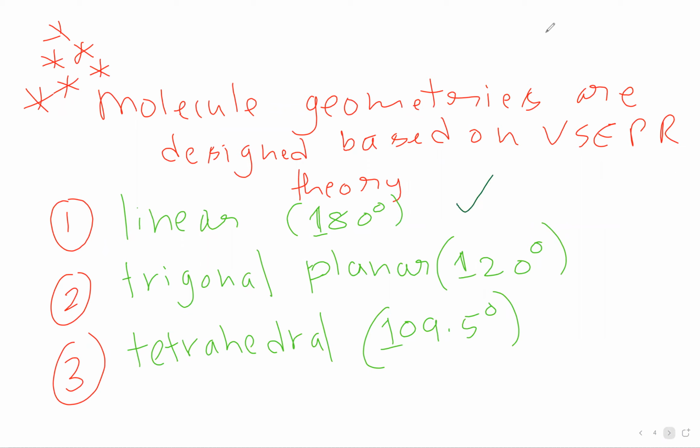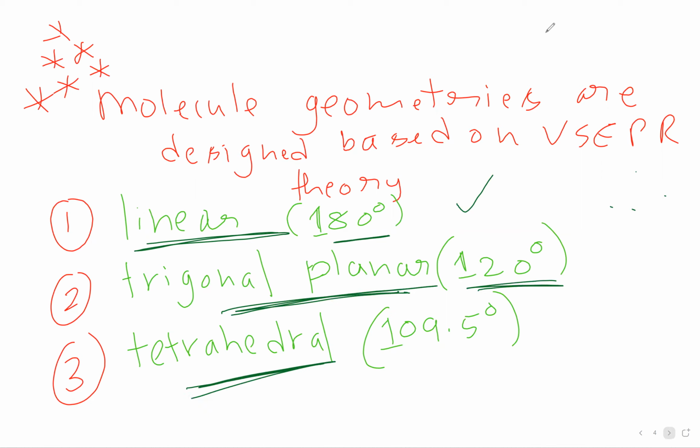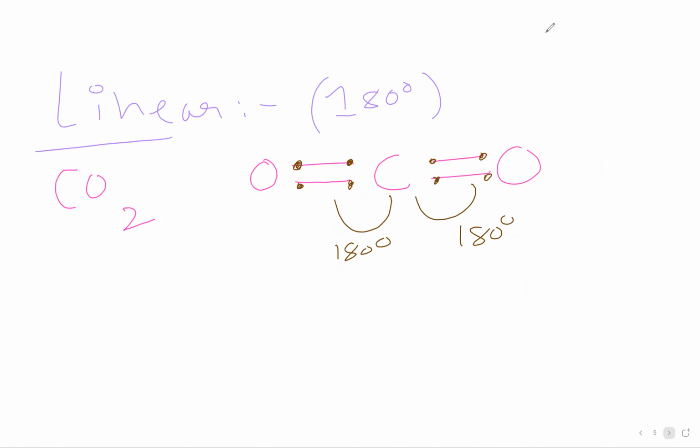The repulsion of electrons and bonds between the atoms in a molecule forms the linear structure with 180 degrees, then trigonal planar with 120 degrees, and tetrahedral with 109.5 degrees.